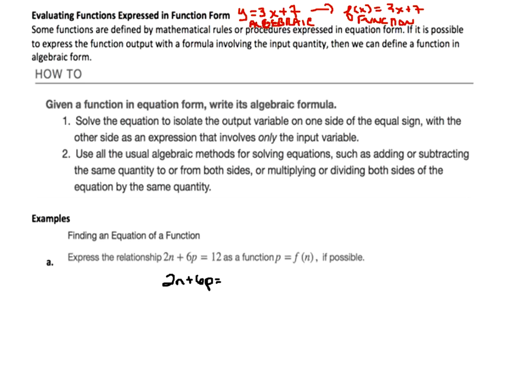2n plus 6p equals 12. To isolate the p, the first thing I'm going to do is subtract 2n from both sides. And I have 6p equal to 12 minus 2n. Divide every term by 6.